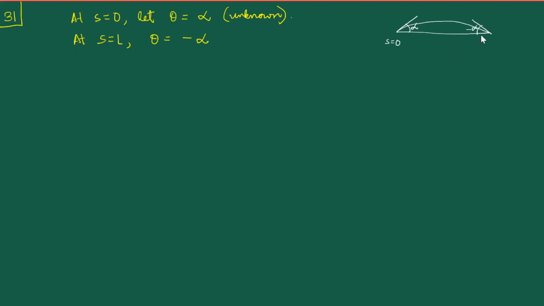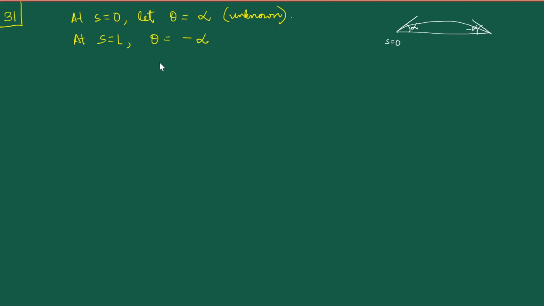The magnitude remains alpha, but in terms of the algebraic sign, because theta is one of our coordinate variables, we have to be careful about the sign. So if you are denoting the positivity of theta in this direction from this horizontal line in the anti-clockwise sense, then this angle should be minus alpha.